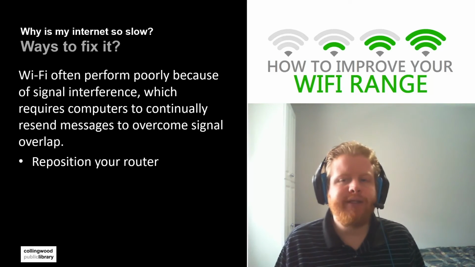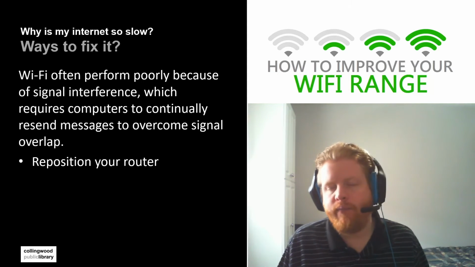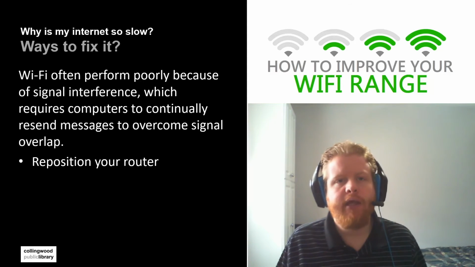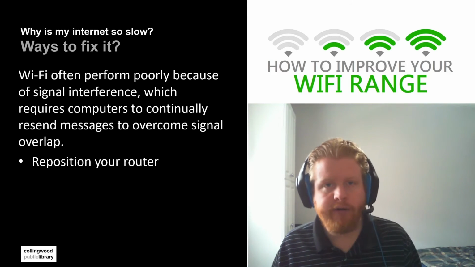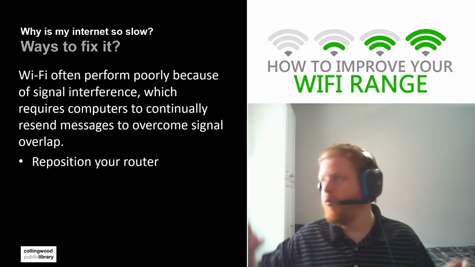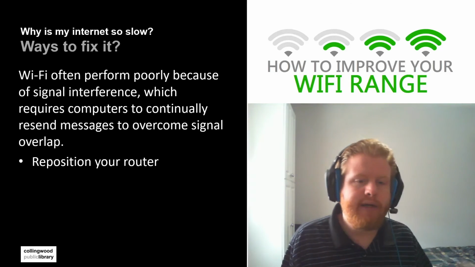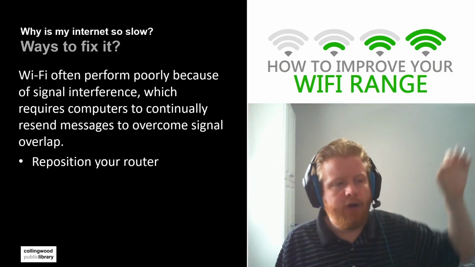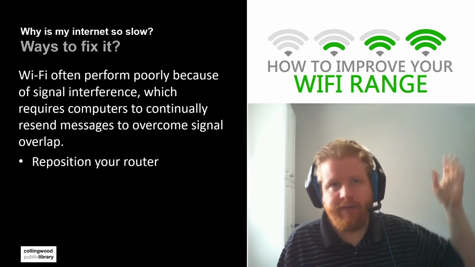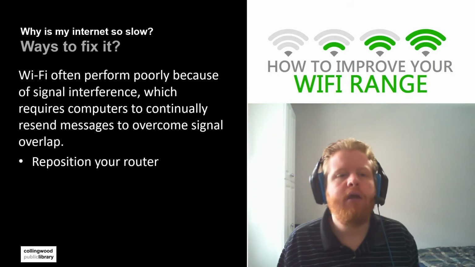So if you are noticing that you're not getting these bars, what could be the issue is your router is not in a great place, so you might have to reposition your router in your house, because sometimes walls can cause interference. So if you have a router downstairs and you're on the second floor, the signal might not be traveling up, or might be interfered with along the way.